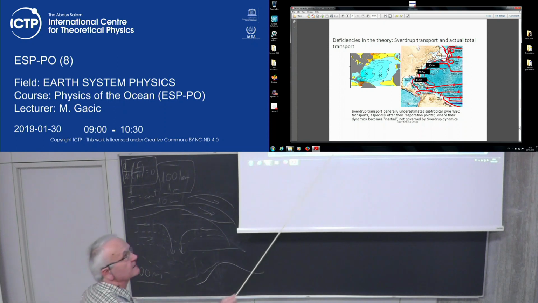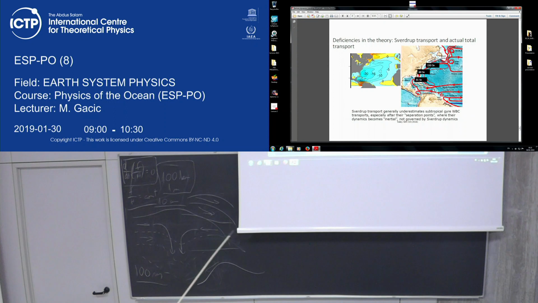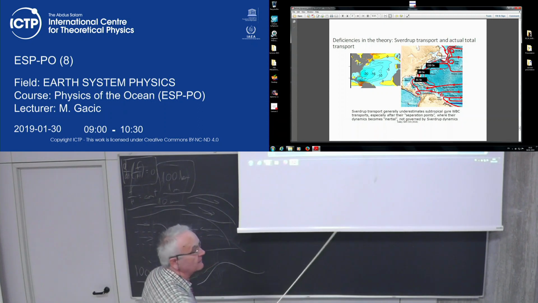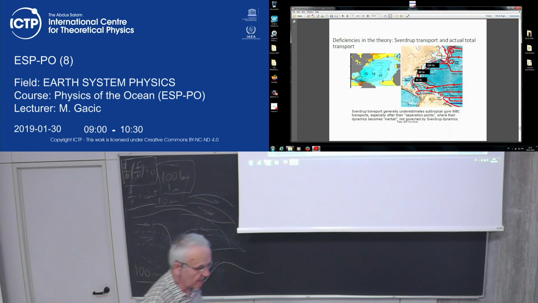And finally here is about 150 million cubic meters per second. It's a huge amount of water which is brought to the north. And as I told you before, the estimates of this flow is rather simple by doing the measurements across the jet stream, across jet flow.